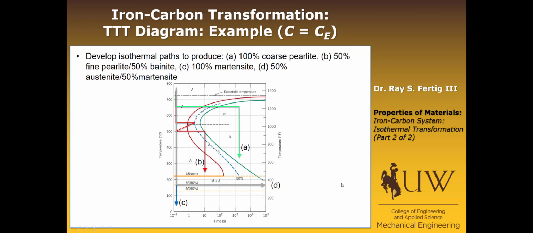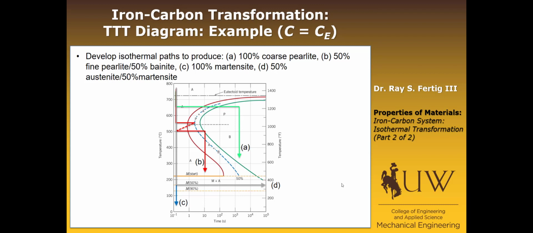So if you want that microstructure, it only exists at 175 degrees C out to infinity. If we cooled it down to room temperature at any time, we would just finish the conversion of austenite into more martensite.